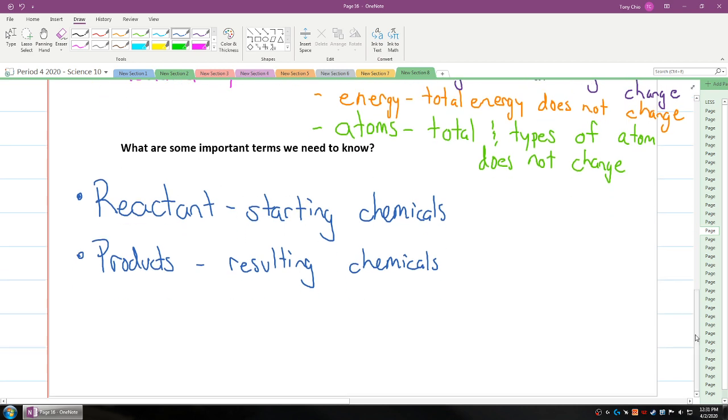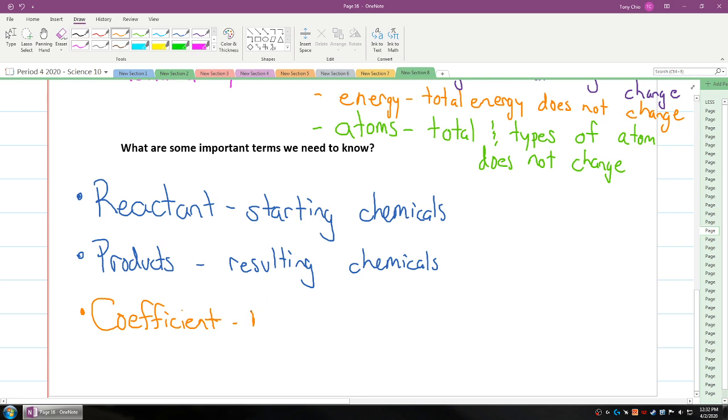The last term I want you to know is very important. This is like the one from algebra. It is coefficients. Now, a coefficient in algebra is the number you put in front of a variable to tell you how many of each variable you have. And it's the same in balancing.